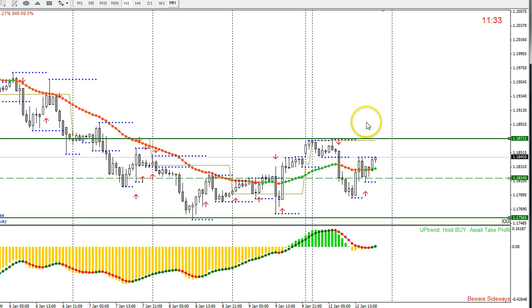Okay, the second entry would be here on the long side. Stop loss, I would recommend to put it either here or better here, and of course the best would be right here. So if you're looking from here, I believe that we talked about this was about a 400 pip trade.